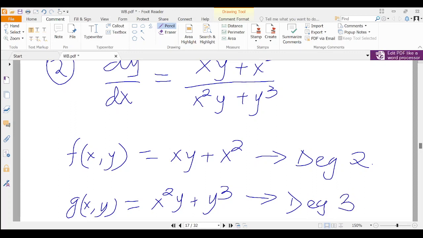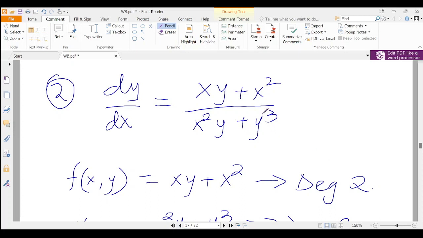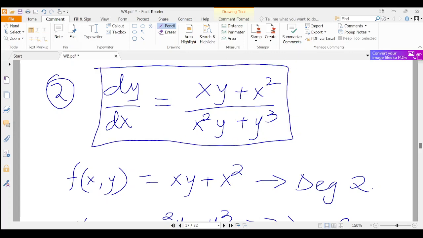So we see that in this case, the functions occurring in the numerator and the denominator are both homogeneous, but they differ in the degree, because the numerator is degree 2, while the denominator is degree 3. So although the functions f and g are both homogeneous, the degree is not the same. And that will mean that the differential equation is not homogeneous. So this one is not homogeneous.